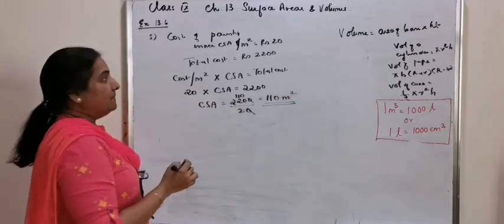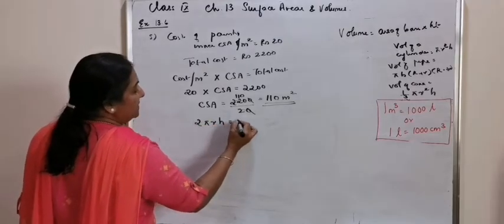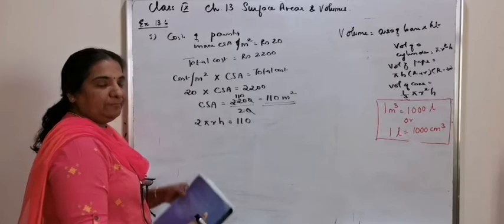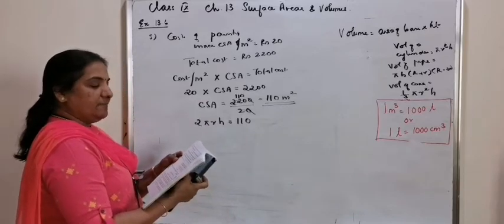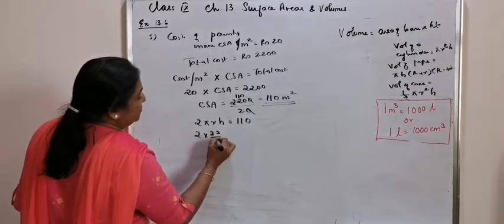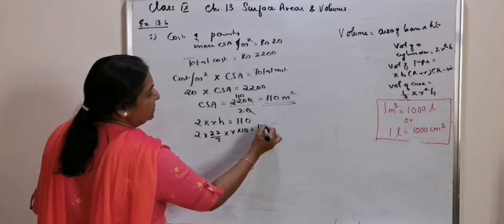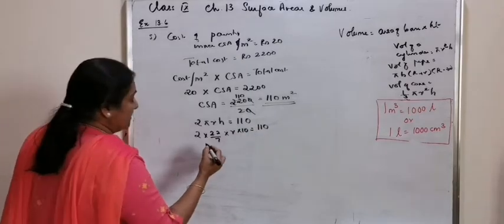Now apply the formula: curved surface area of a cylinder is 2 pi RH is equal to 110, in which the height is given as 10 meter. So 2 into 22 by 7 into radius into 10 is equal to 110. Let's cross multiply.